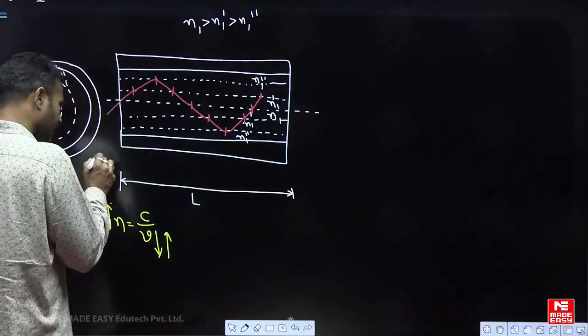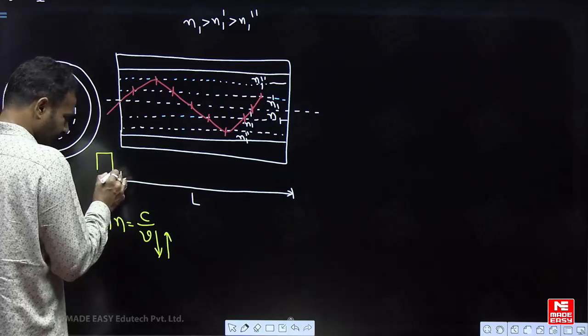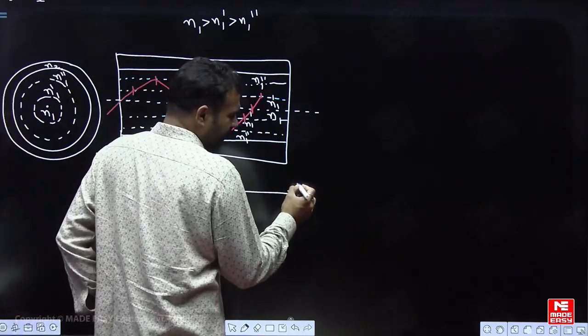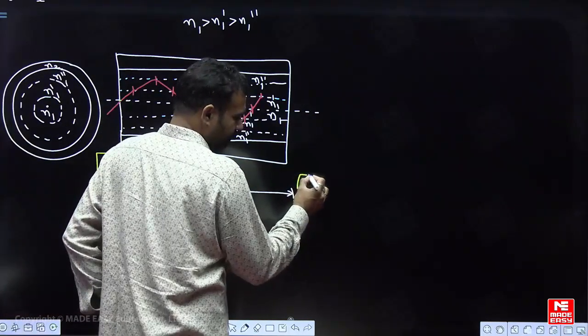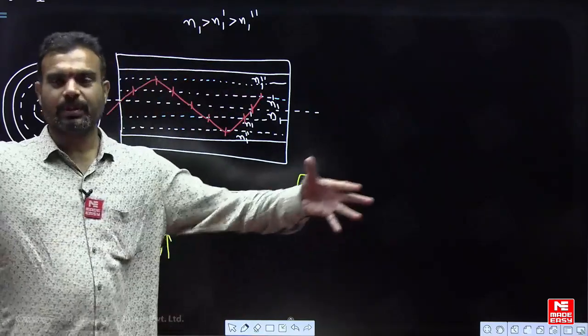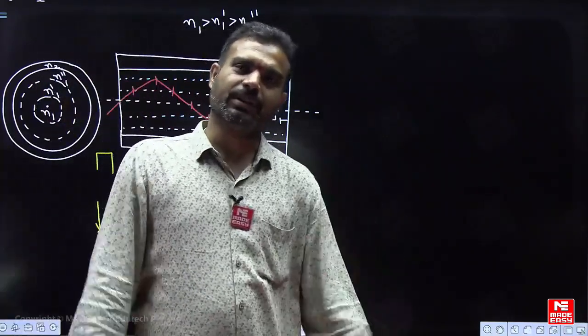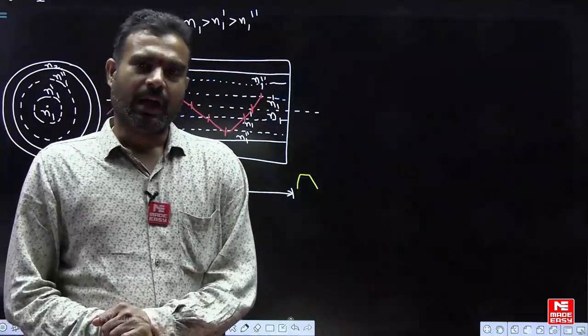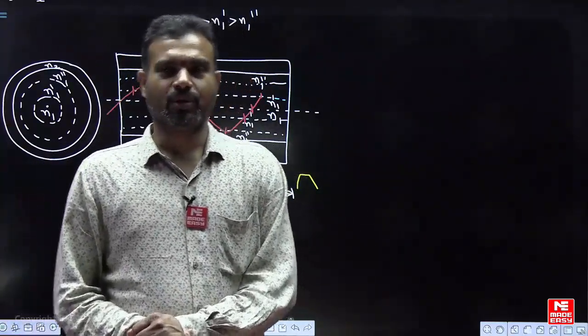So whenever a light pulse is given, the dispersion in the pulse is very less. The huge dispersion seen in multimode step index fiber is not present in the gradient index fiber. I hope everybody understood this.